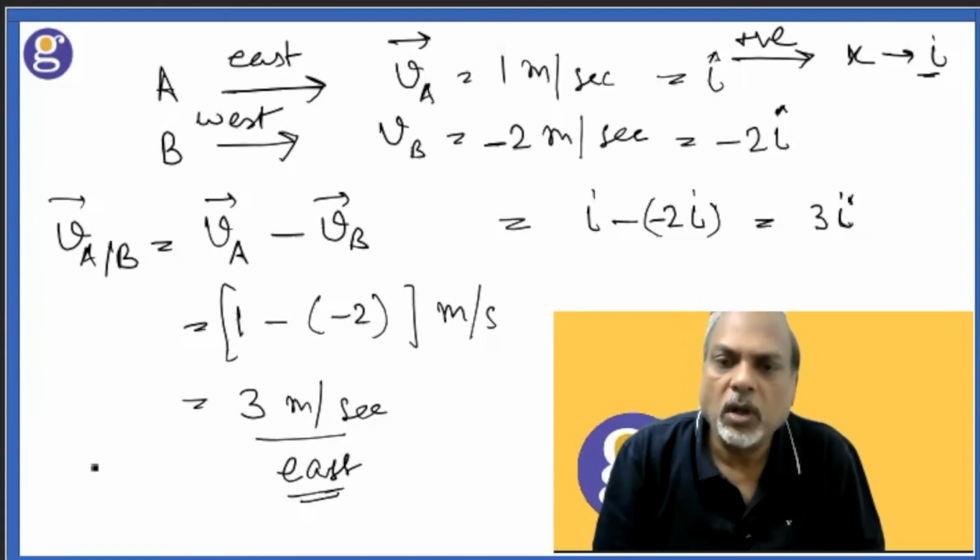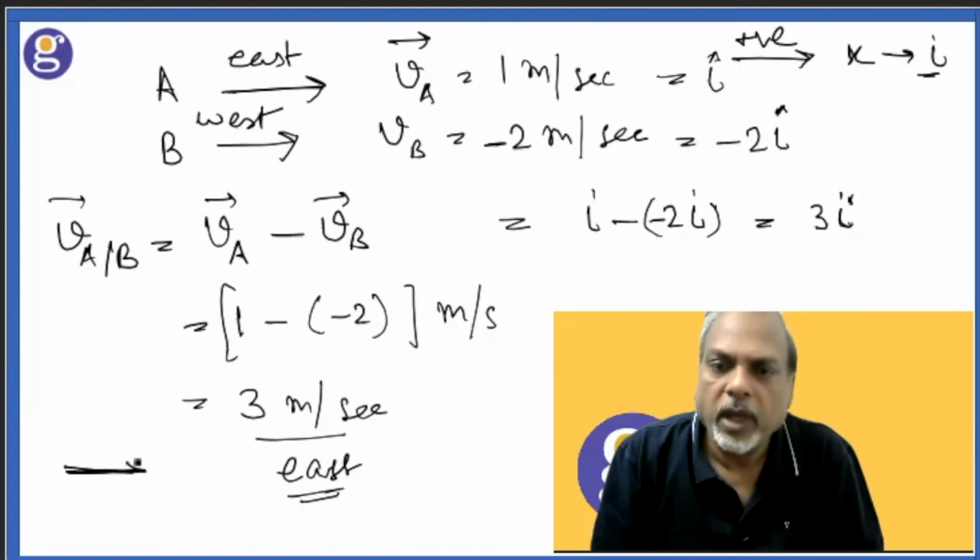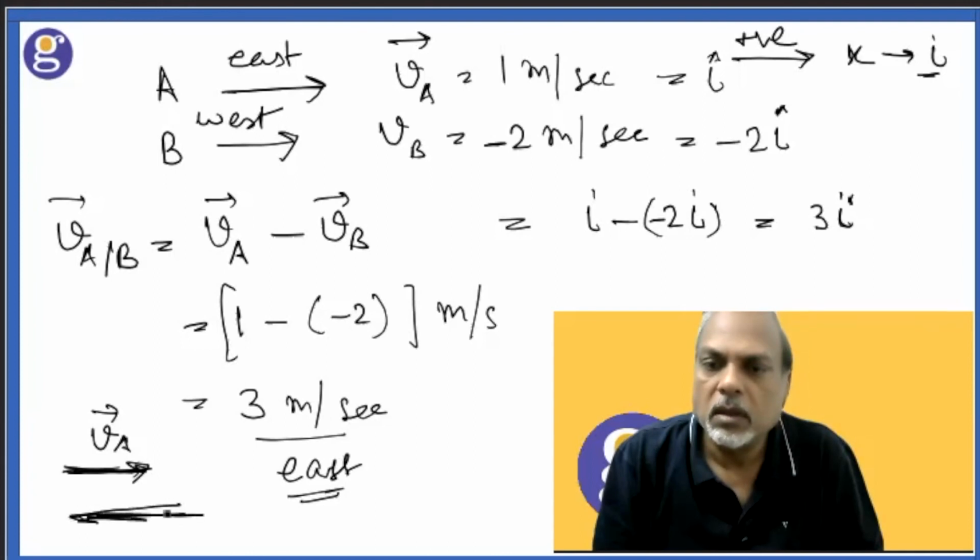Suppose this is your VA vector and its magnitude is 1 only, and another vector is minus 2I. So this is I, this is minus 2I.